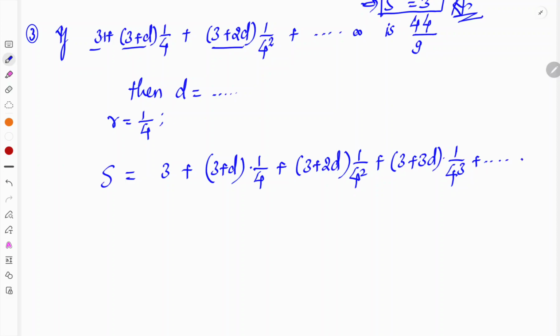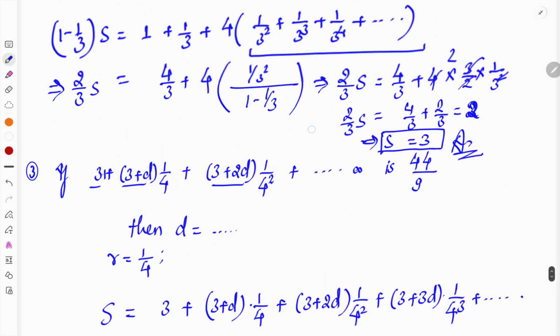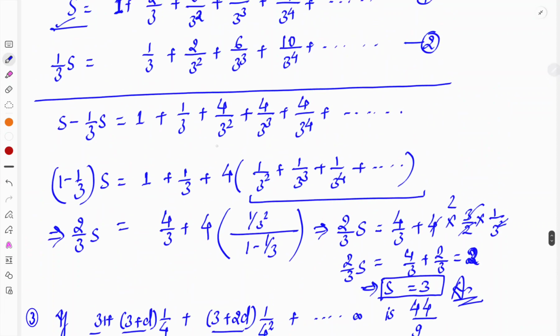One more thing: why are we going to multiply by the common ratio? So that after subtracting, you can see it comes in GP format, correct or not? One sequence will have that, so that we can easily get the sum. A few terms will not be in GP, so we'll keep them separate.